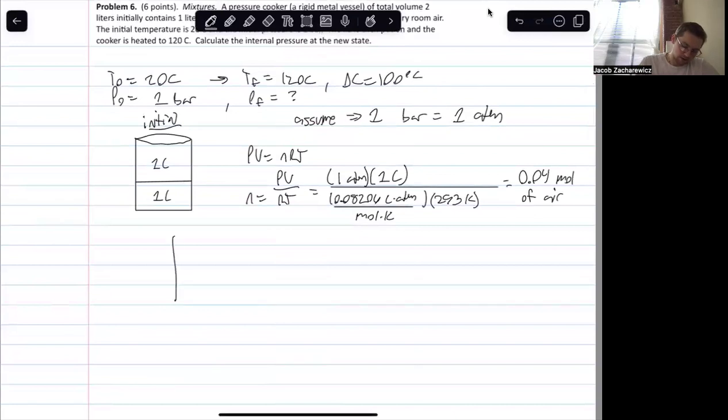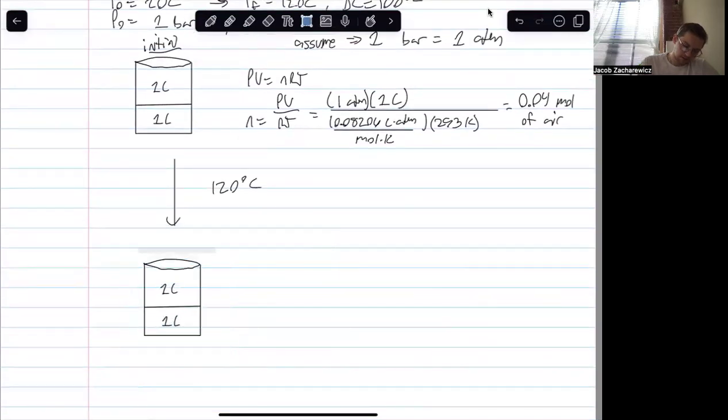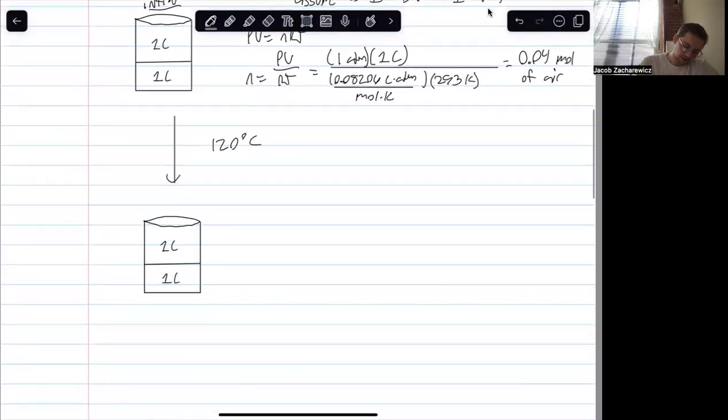Now, when the water is heated up to 120 C, there is a small change in the amount of water that we have. Here we have 1 liter of water.